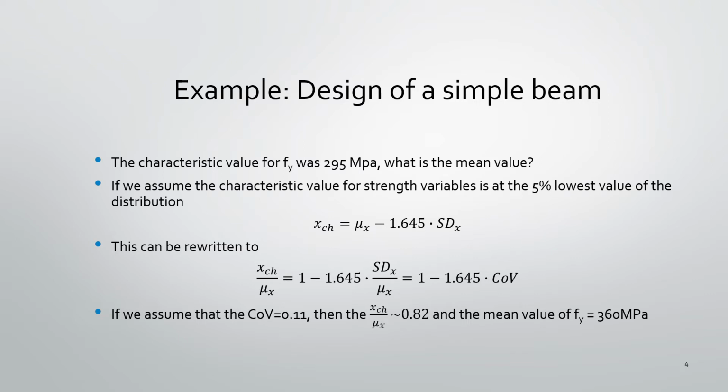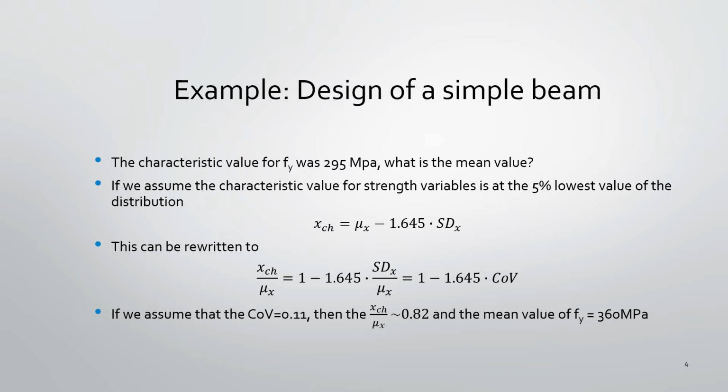If we assume that the characteristic value for strength is given as the 5% lowest value in the distribution, the equation for characteristic strength can be written as the characteristic value of x being equal to the mean value of x minus 1.645 times the standard deviation of x.